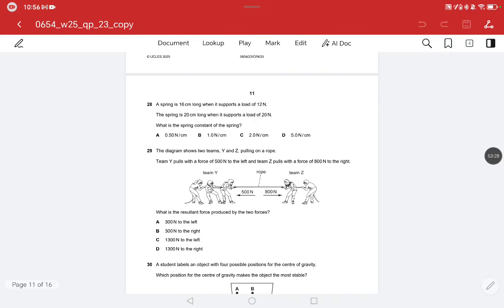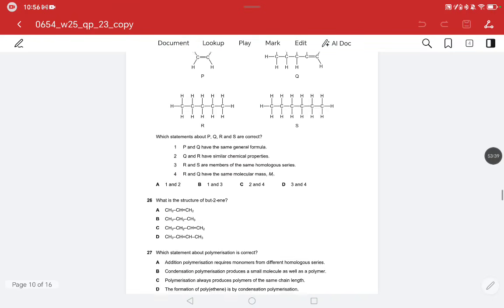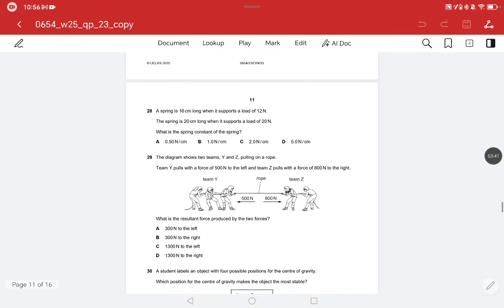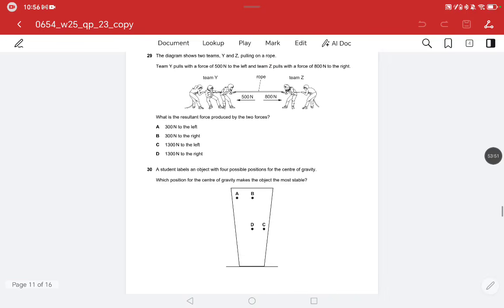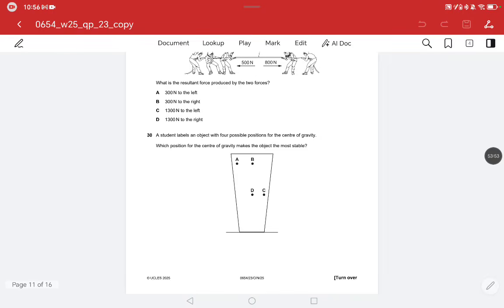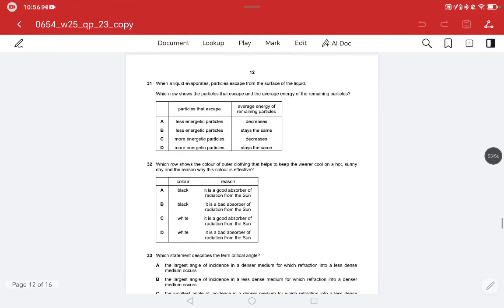You should also solve some questions about beams, to find the moment or to find a force. You should know also about springs, how to find the spring constant. The resultant force of 2 objects in different directions, you have to know something like that. Center of mass of an object, you should know as well.